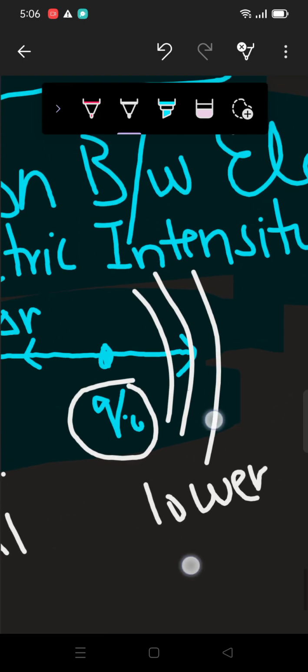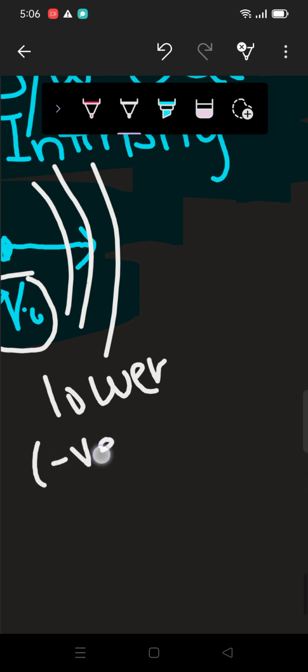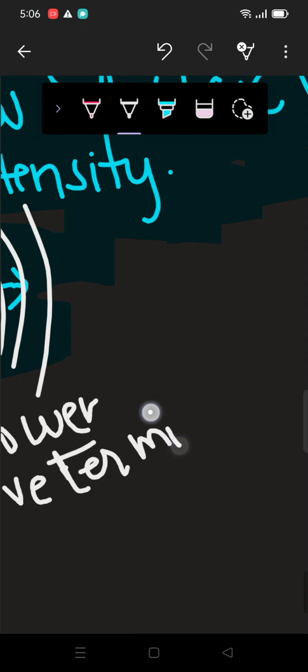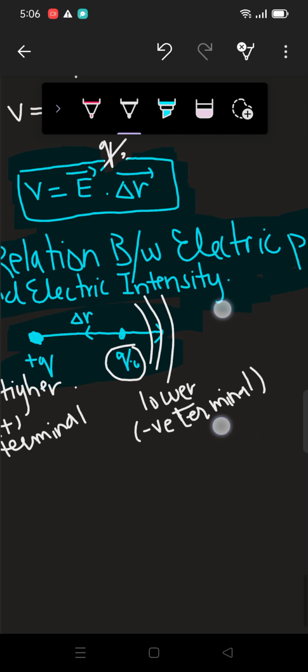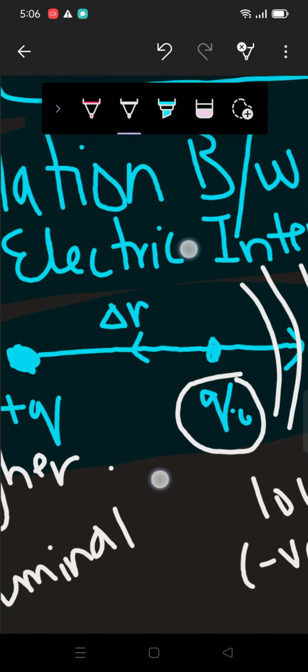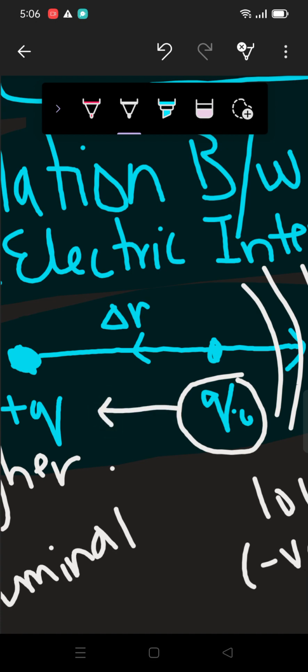And here we have the negative terminal, right? So work done in moving this charge from lower potential to the higher potential against the electric field.